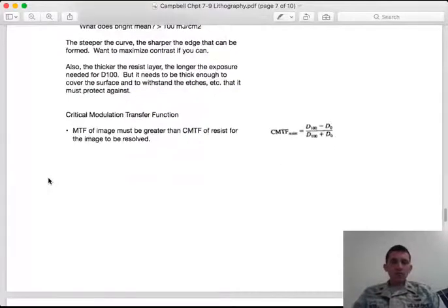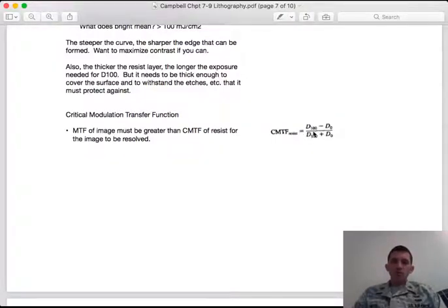And before, we looked at the modulation transfer function as the maximum minus the minimum divided by the sum of the two. We calculate this CMTF, or the critical modulation transfer function of the photoresist, in a similar way, where we look at the maximum light required minus the minimum light required.